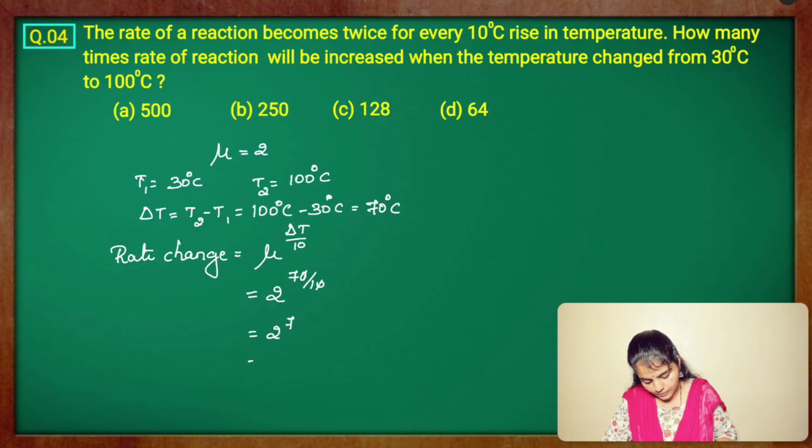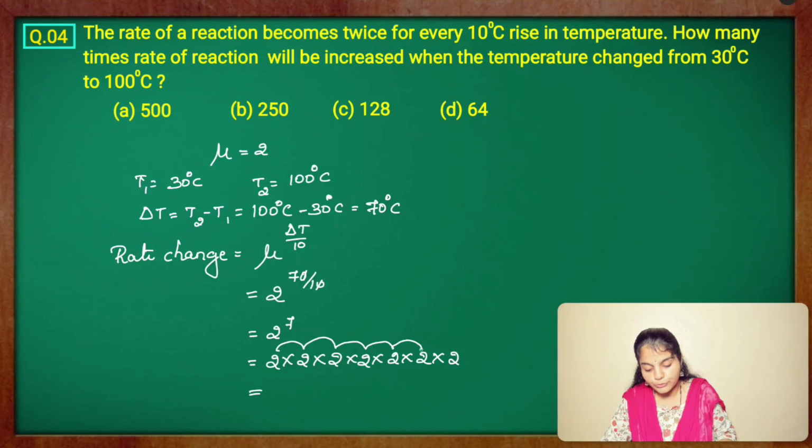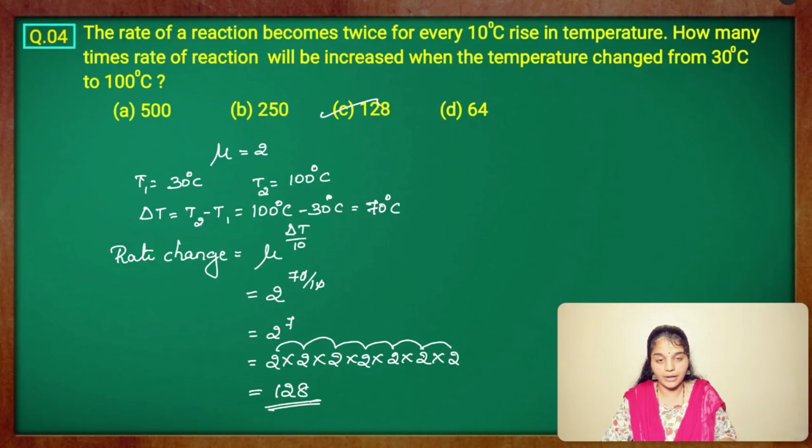That is equal to 2 into 2 into 2 into 2 into 2 into 2 into 2. So totally 2 multiplied 7 times. This is 2 2s are 4, 4 2s are 8, 8 2s are 16, 16 2s are 32, 32 into 2 is 64, 64 into 2 is 128. So the rate of the reaction increases 128 times when the temperature is increased from 30 degrees centigrade to 100 degrees centigrade.